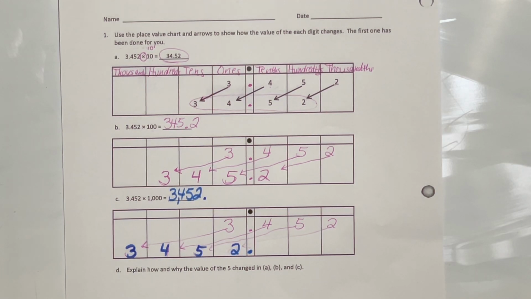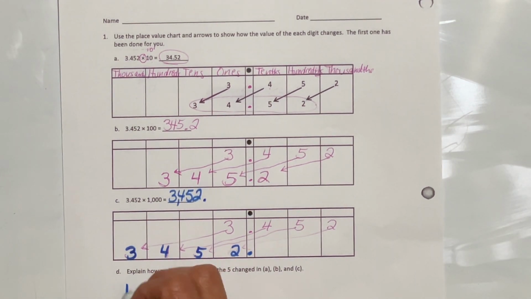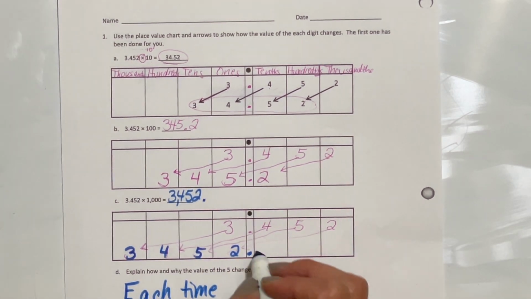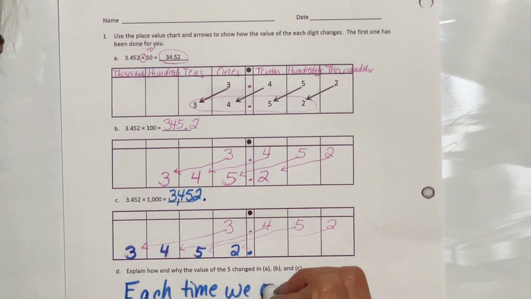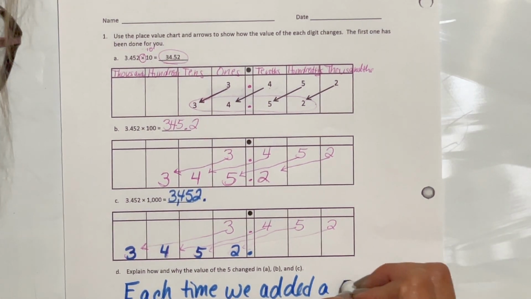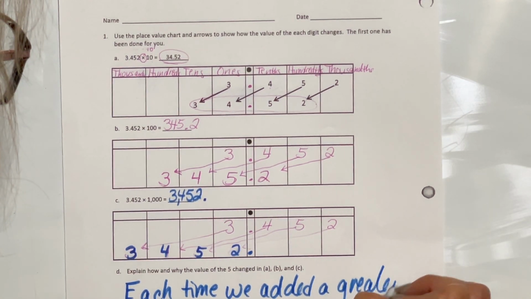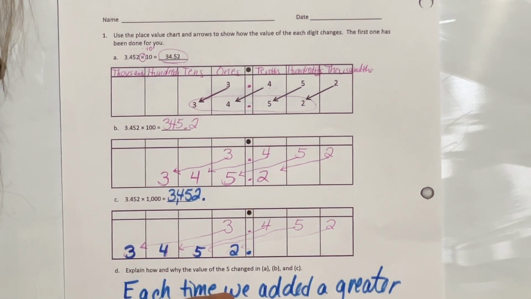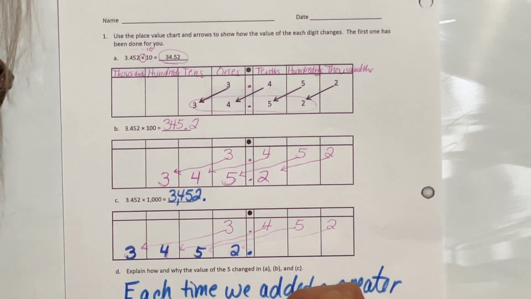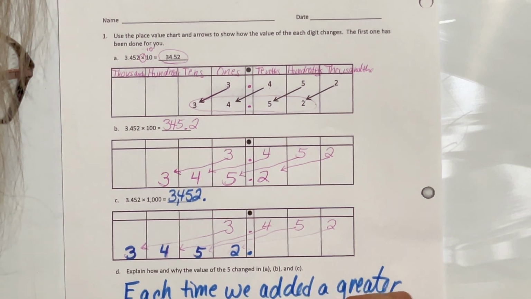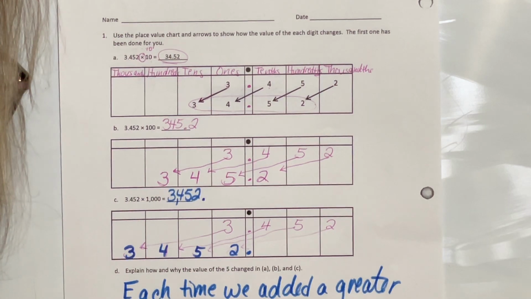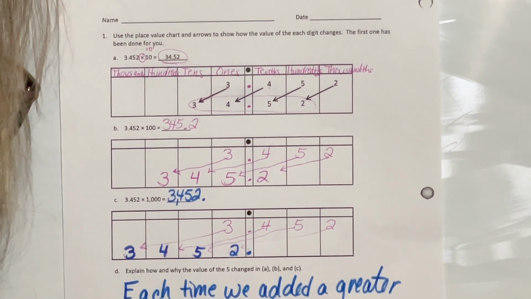Well, why did it move 1 place? So each time we added a greater power of 10, the 5 shifted one more place.